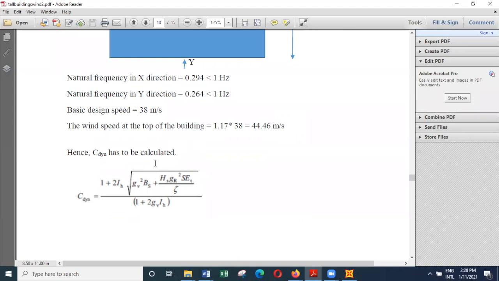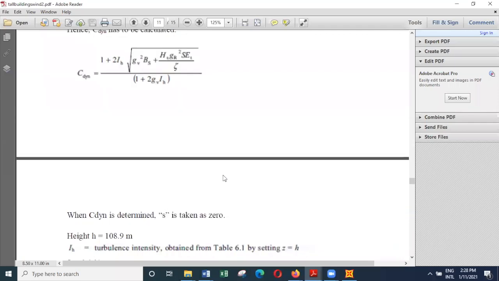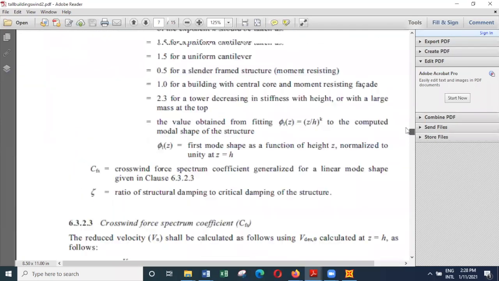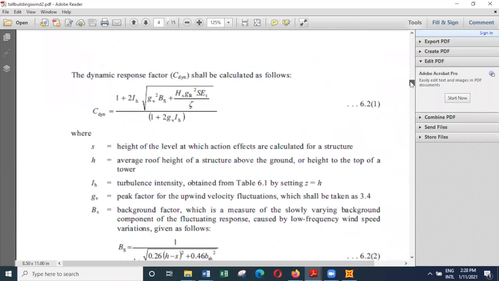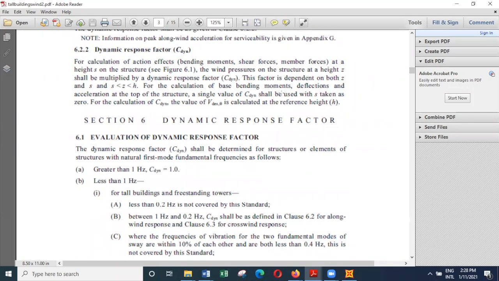And to determine the C dynamic value, we have to get all these values sorted out. The first one: when you want to determine C dynamic, S is taken as 0, because that's given in the description, saying that when you calculate C dynamic for deflections at the top of the building, a single value of C dynamic shall be used with S taken as 0.